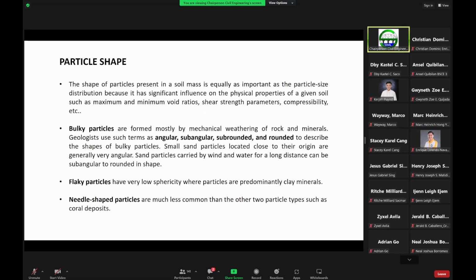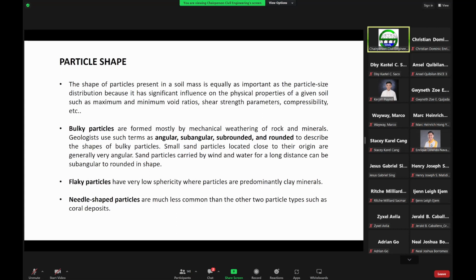Now, I think this will be the last item. The shape of the particles present in a soil mass is equally as important as the particle size distribution because it has significant influence on the physical properties of a given soil, such as the maximum and minimum void ratios, the shear strength parameters, and the compressibility, and so on.